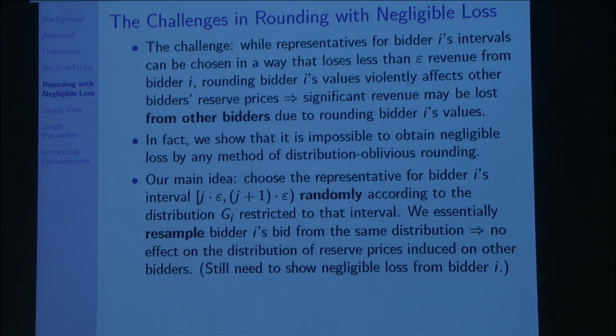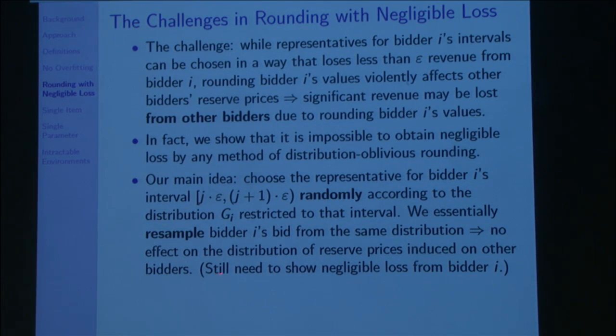If we take the expectation, the distribution of the reserve price that Mark induces over other bidders, conditioned on the fact that his bid is somewhere in that interval, it's precisely the same distribution as saying, throw away Mark's bid from that interval, redraw something from the same distribution from that interval, use that to induce a reserve price onto the other bidders. So that observation tells us that there is no effect on the distribution of the reserve prices induced on the other bidders.